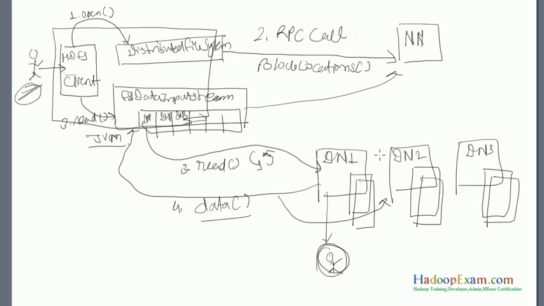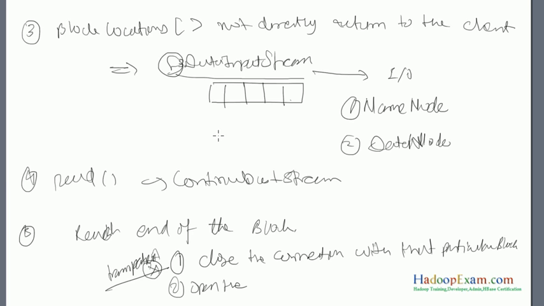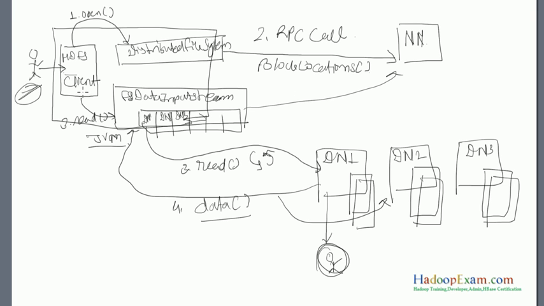And at the last, when you are done reading all the blocks, all blocks have been read, then the close method would be called on FSDataInputStream to close the file connections which you have opened.